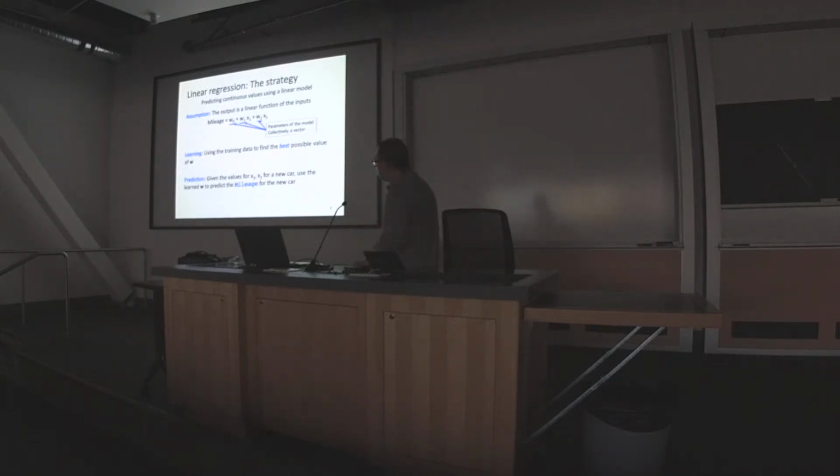How can we make it? Given the values of x1 and x2 for a new car, we use the learned weight vector W to predict the mileage for this new car. That's it. So this is how typically a linear regression model is formulated.